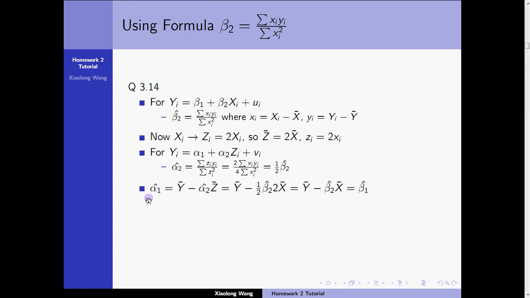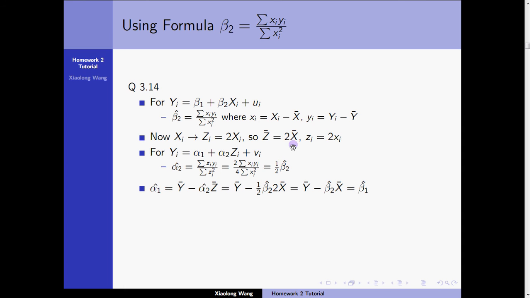So how about the intercept? We can use the formula of the intercept to calculate alpha 1 hat, and it will equal y bar minus alpha 2 hat times z bar. We know that alpha 2 hat equals 1/2 of beta 2 hat, and z bar equals twice x bar.